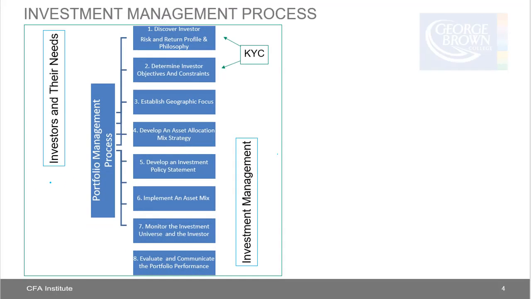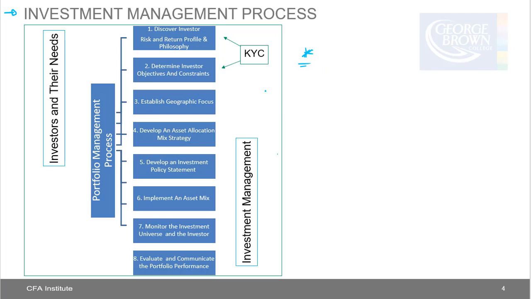So before we jump into the chapter, just a quick review of the investment management process or portfolio management process that we started in the previous chapter. So the steps are: number 1, discover investor risk and return profile and philosophy. Number 2, determine investors' objectives and constraints. And again, that doesn't matter whether it's an individual investor or an institutional investor.